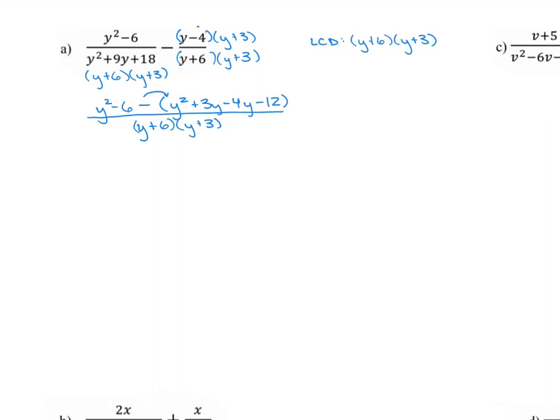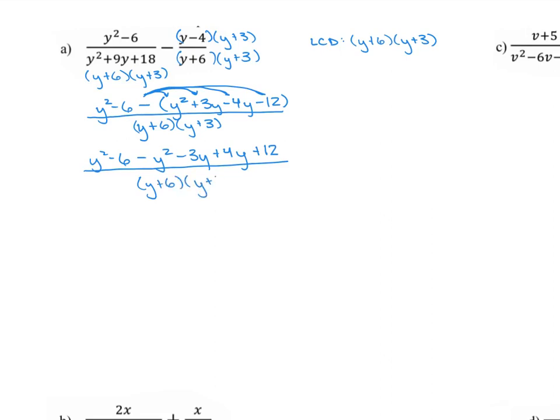If we distribute our negative, we get y squared minus 6 minus y squared minus 3y plus 4y plus 12 over y plus 6, y plus 3. If we combine our like terms, my y squareds cancel.